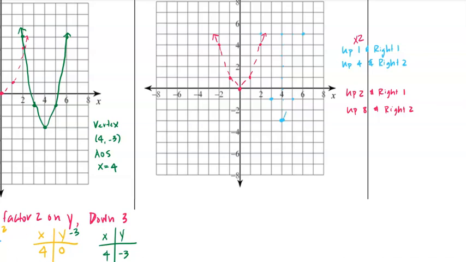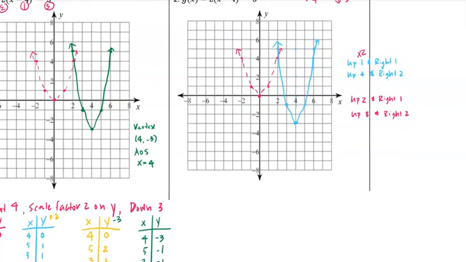You see how easy this is? Those are the same points that you had when you made the table. So that is going to be the vertex, 4, negative 3 once again, and the axis of symmetry is going to be x equals 4.